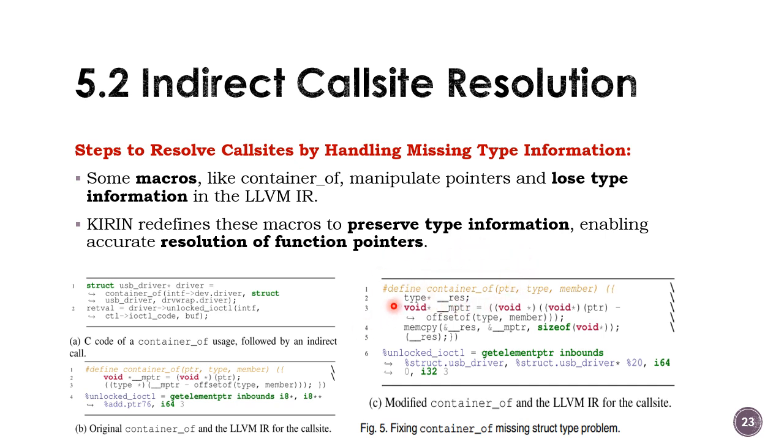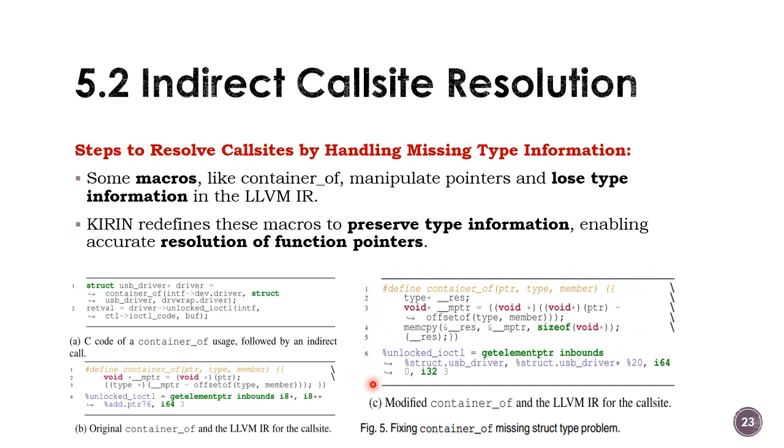It first specifies a type function pointer res, and the void assignment remains the same, but here we have the offset of the type and number arguments, and a memory copy to store the information for better handling.